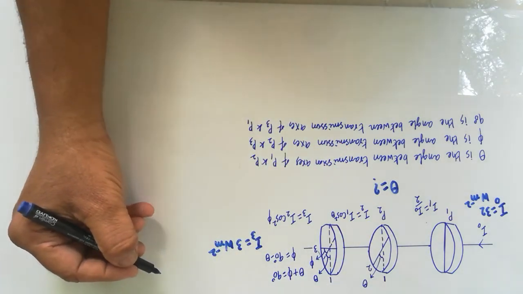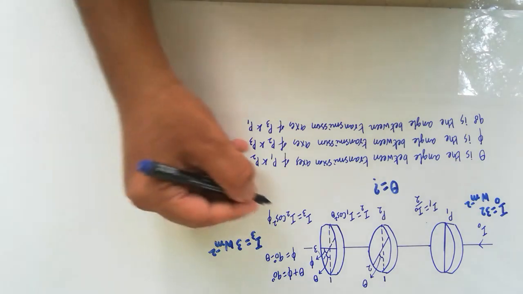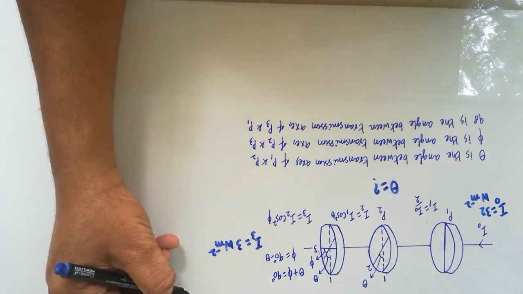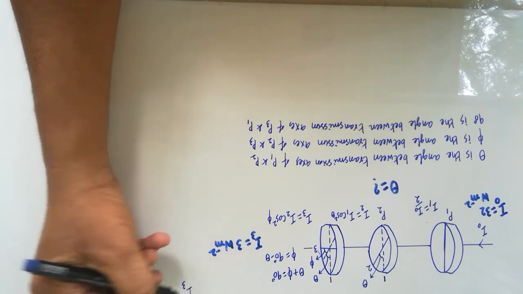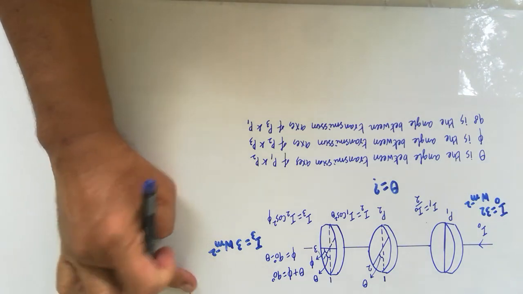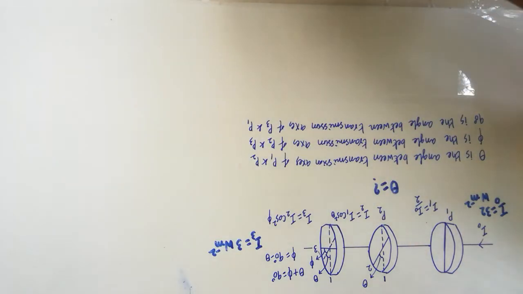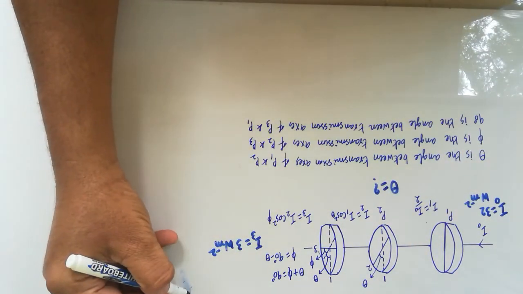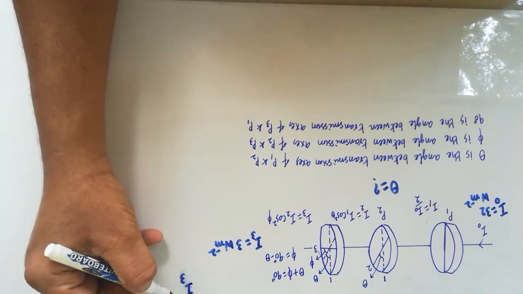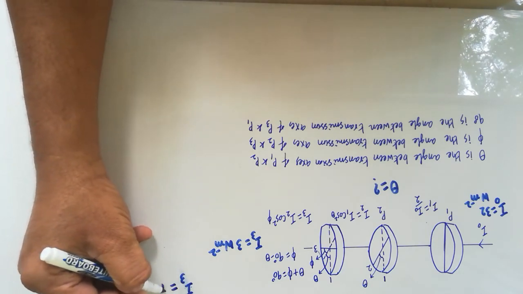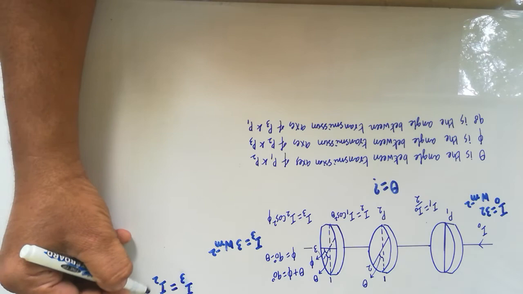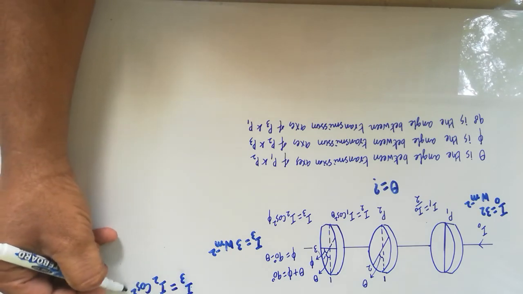How to start? Here the first step is that the I3 formula is to be substituted. I3 is equal to I2 cos square pi.